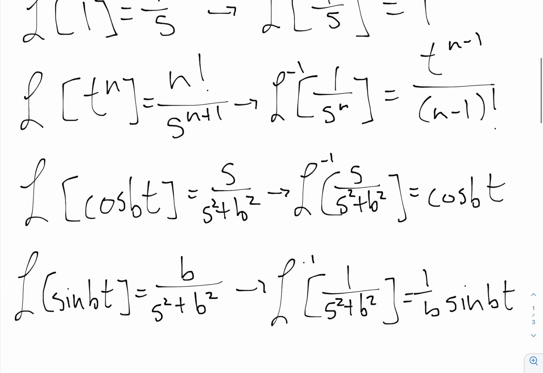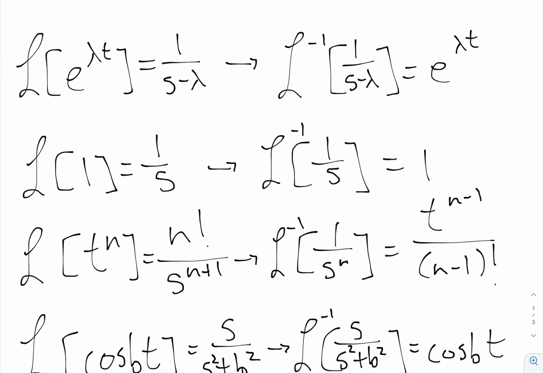So let's just say our capital F of s. When we take the Laplace transform of some function f of t, the result that we get is 1 over 3s minus 1. So what is the original function that we took the Laplace transform of? Well, 1 over 3s minus 1, let's look at our chart and see if we see anything like that.